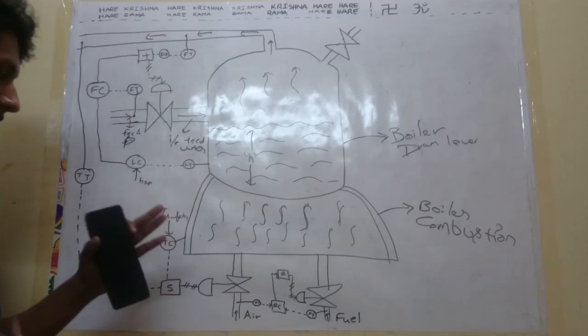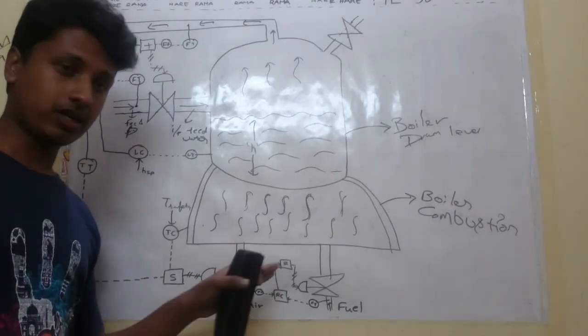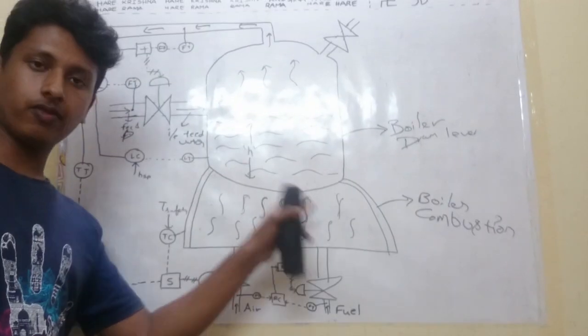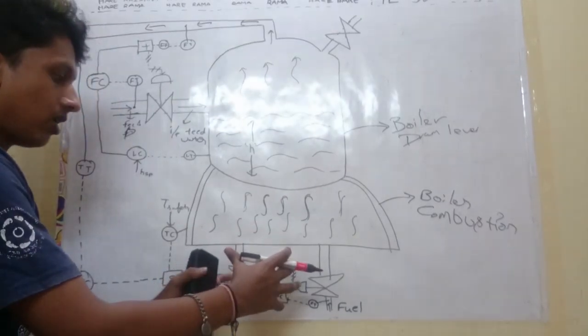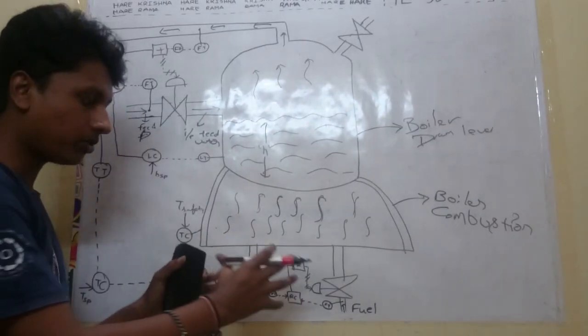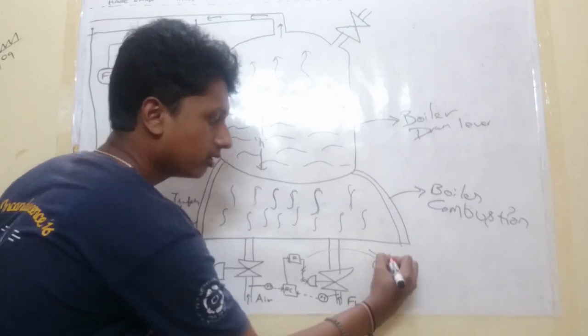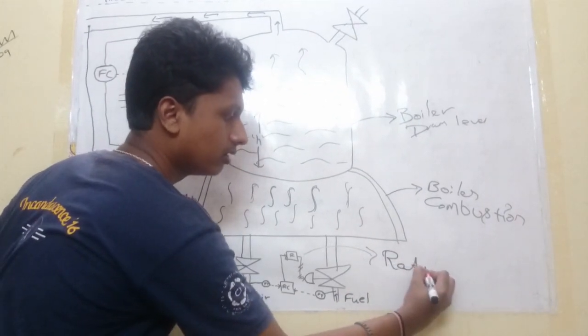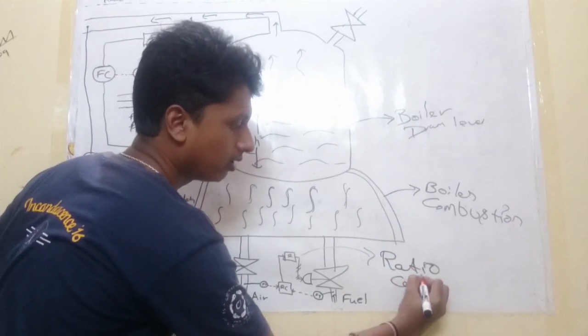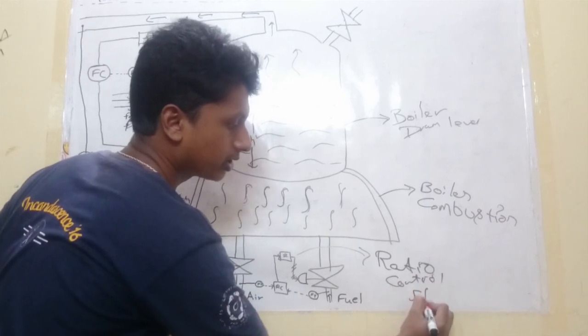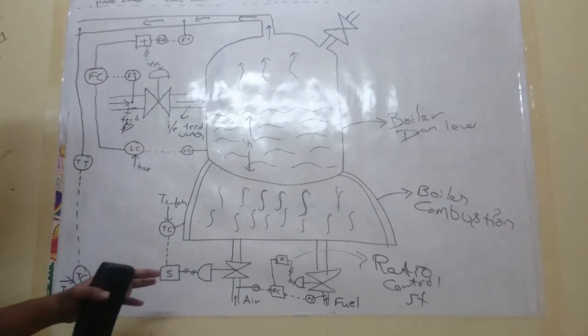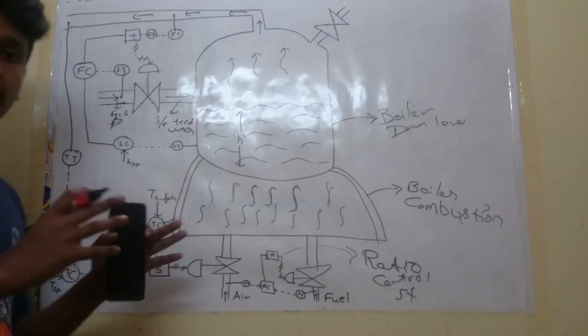I have discussed the ratio control structure, that we are controlling the flow of the fuel. So the air fuel ratio will be controlled over here by the ratio control structure. This is called the ratio control structure.